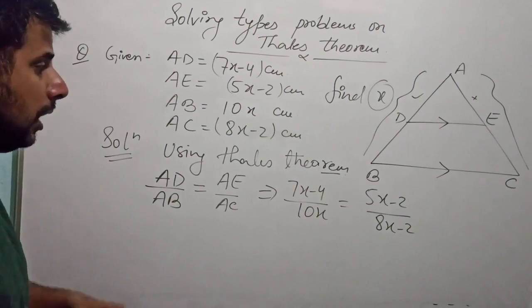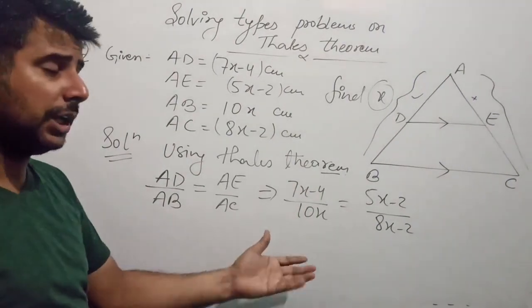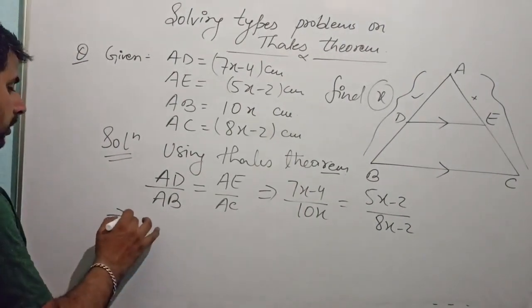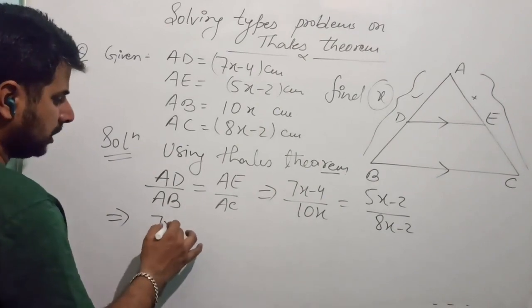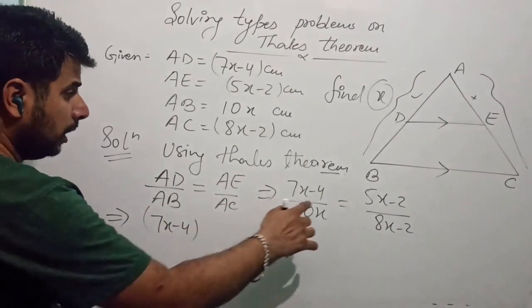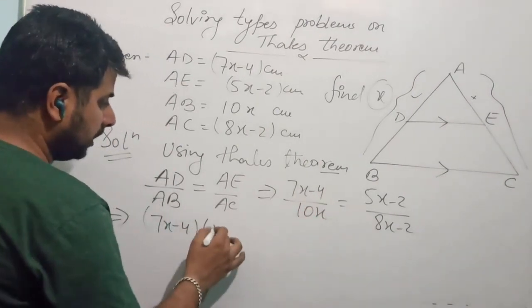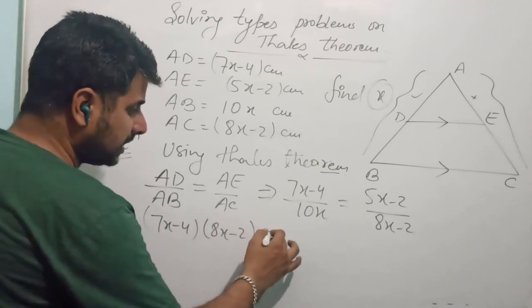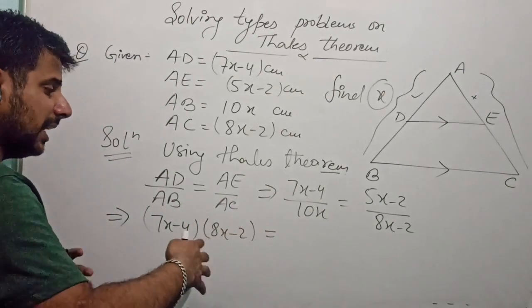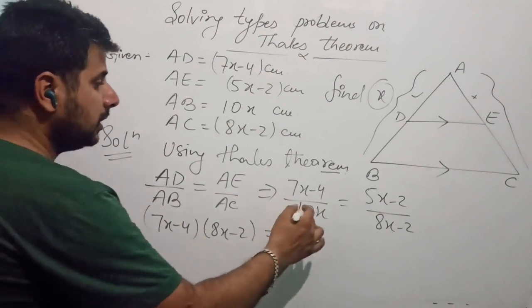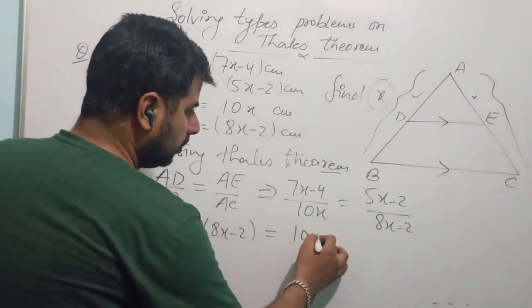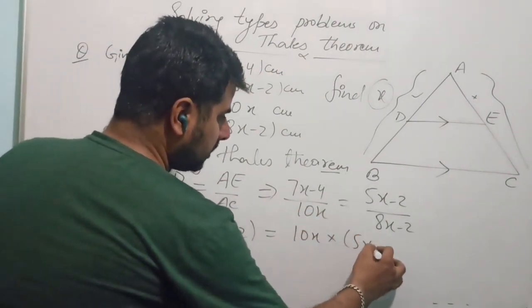So what do you have to do now? Cross multiplication. So just do it now. When you do the cross multiplication, the 7x minus 4 will be multiplied to 8x minus 2. Please repeat it this way. So 10x will multiply to 5x minus 2 now.